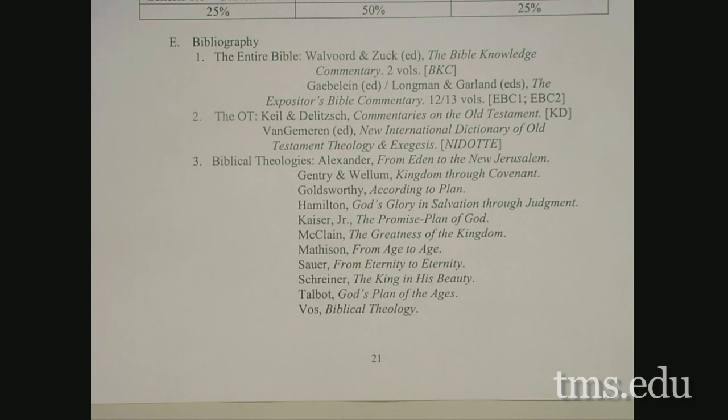People are selling it because the revised edition is now completed, and if you can get a copy, it's still very much worth having. Along with that, for the Old Testament, you'll need Keil and Delitzsch. Everything that's been said in Old Testament studies in the last 150 years is a footnote to Keil and Delitzsch. You're going to see these men referenced again and again.